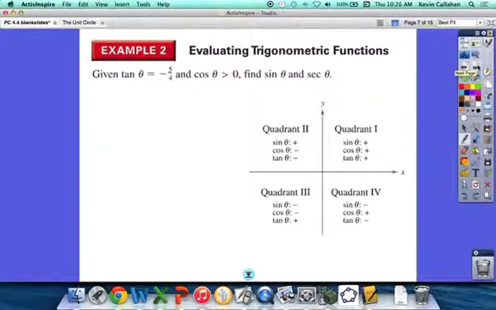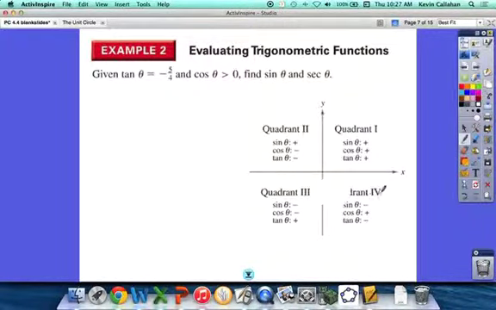So for this problem that we were doing, let's figure out which quadrant we're supposed to be in if the tangent is negative and the cosine is positive. Which quadrant are we in? Tangent is negative, cosine is positive, so you're in quadrant 4. So you should be drawing yourself a triangle.